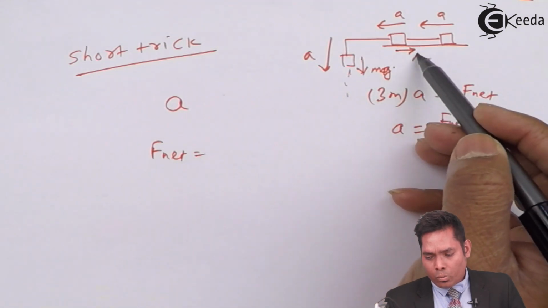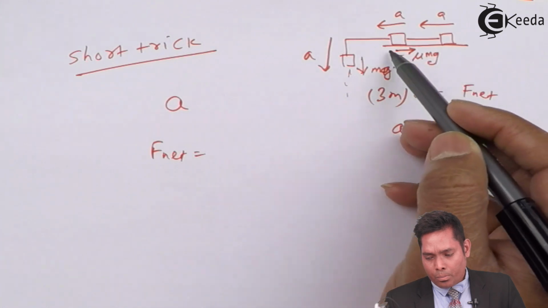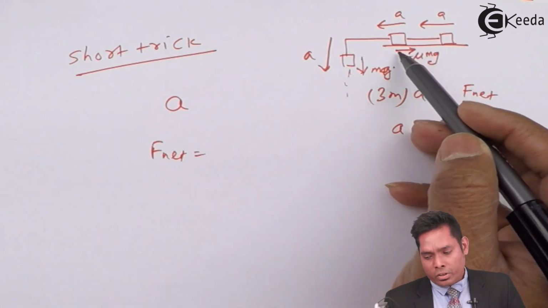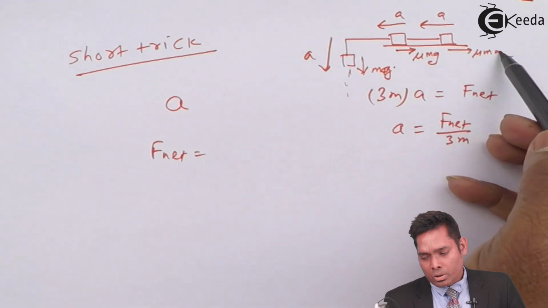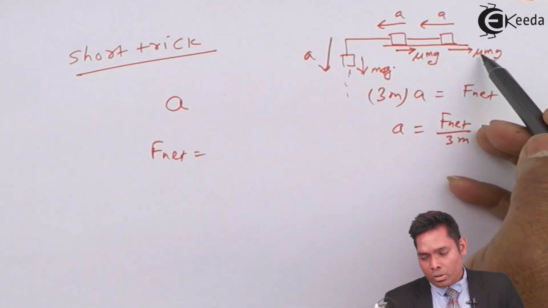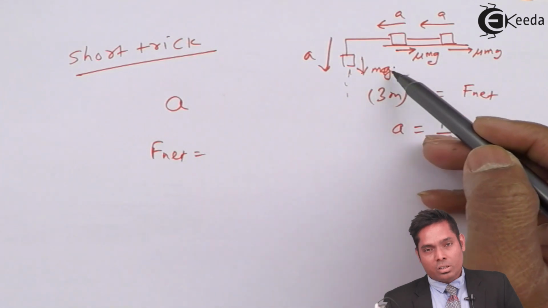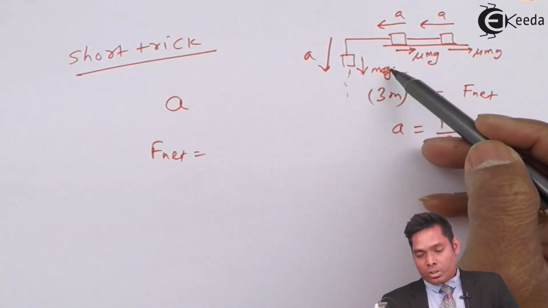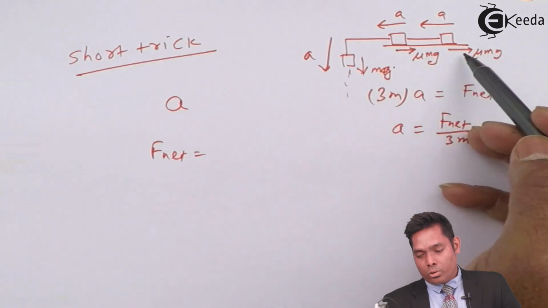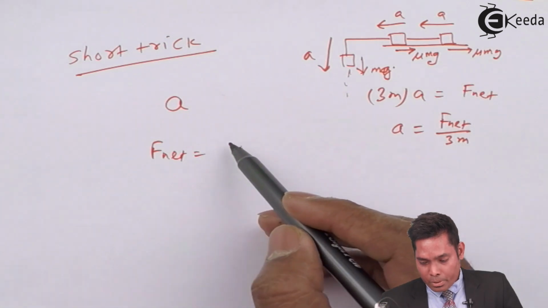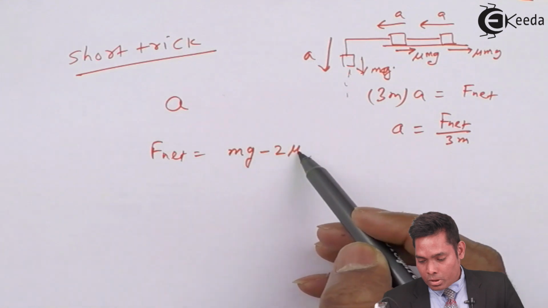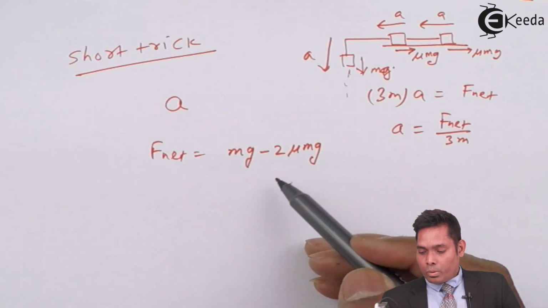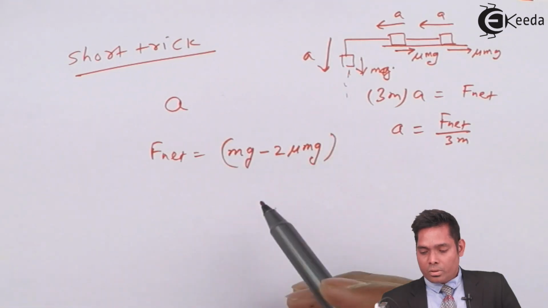That is mu mg, the friction here opposing this motion, and here also mu mg opposing the motion. So actually 2 mu mg is opposing and mg is pulling it down. This is the driving force, this is the opposing force. Therefore, because the net force is downward, it is mg minus 2 mu mg, this is the net force.